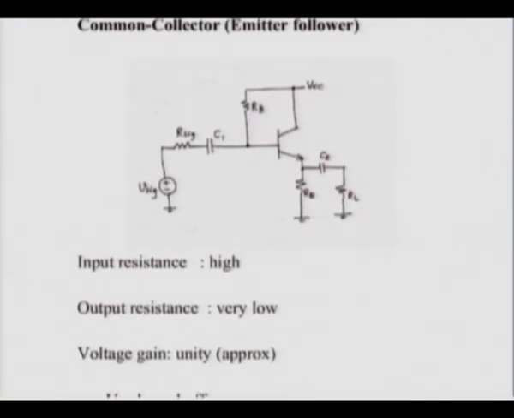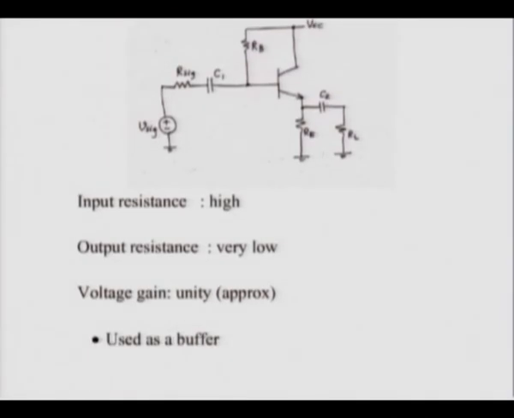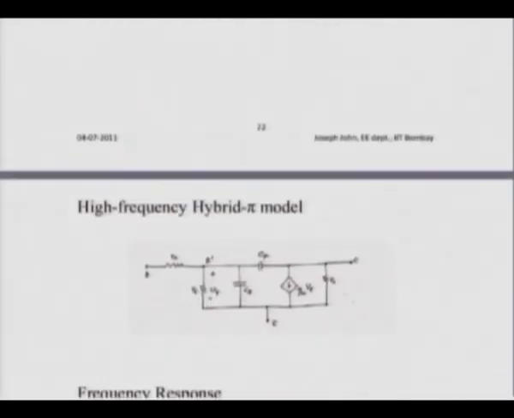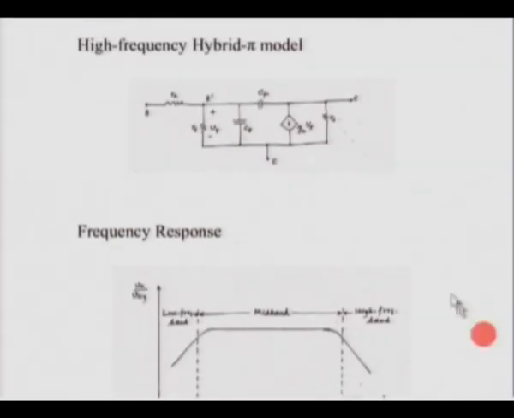We talked about the common collector amplifier being a very good choice as a buffer, and finally we talked about the high frequency model, and we said that the common emitter amplifier has a low high frequency response because of the Miller effect. So this brings us to the close of this lecture. Thank you.